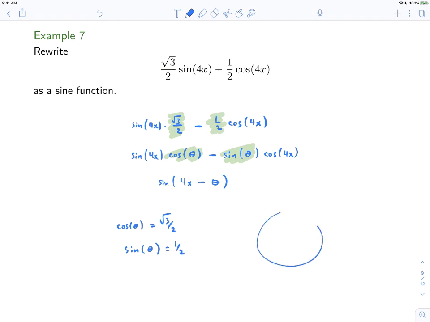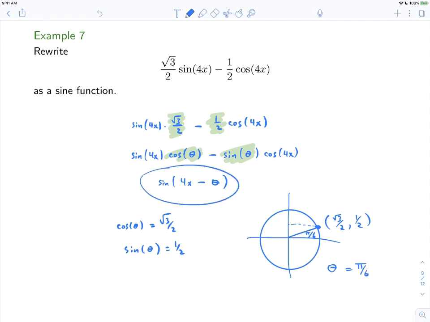So if we draw our unit circle, like so, we want the x-coordinate to be square root of 3 over 2 and the y-coordinate to be 1/2. So the y-coordinate is 1/2, so it's going to look like that. Square root of 3 over 2, comma, 1/2. Now this is the 30-degree angle, or in radians, this one is pi over 6. So what that tells us is that theta is pi over 6.